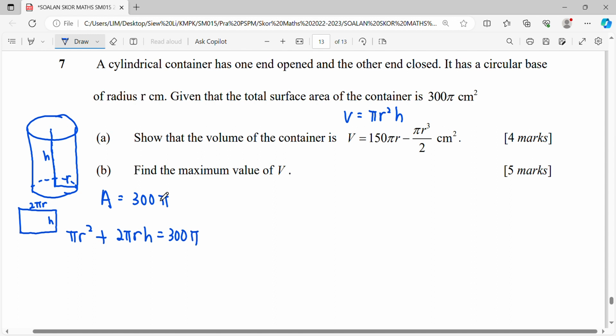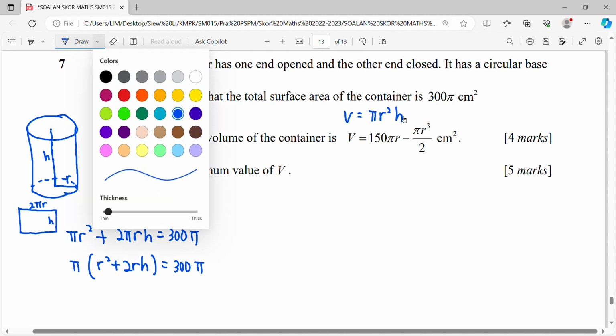So what we need to find out from this area actually is expressing your h in terms of r. Find out what is your h. So we can factorize your pi. Why we factorize the pi?